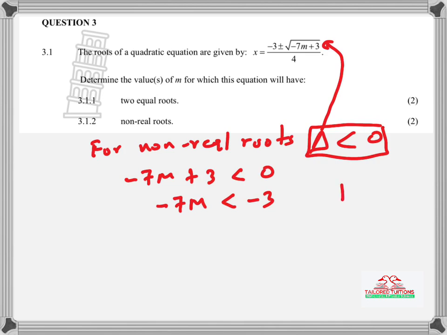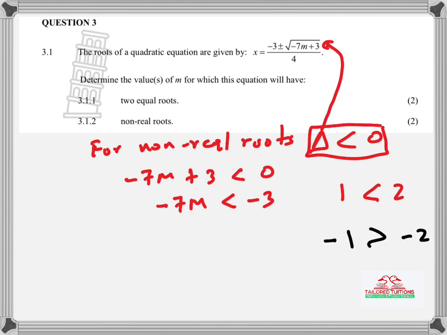If I have 2 numbers, 1 and 2, at this moment, you can see that 2 is greater than 1. But if I multiply these 2 numbers by a negative, you see I'm going to have minus 1 here and minus 2 here. So do you see now that the value which is less than the other now is minus 2?